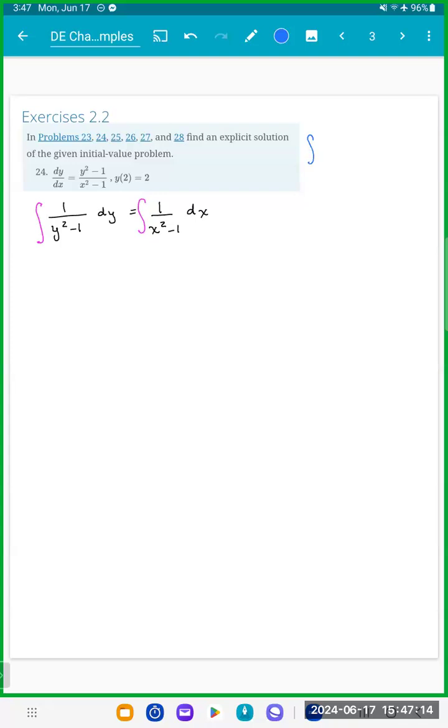We have dx over x squared minus a squared. And remember that that is equal to 1 over 2a ln |x minus a over x plus a|. And then let's not forget that constant c.